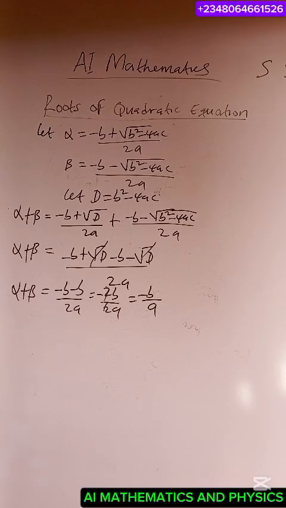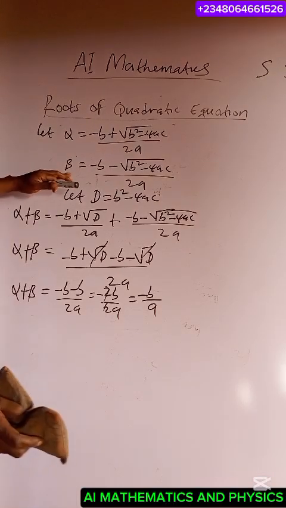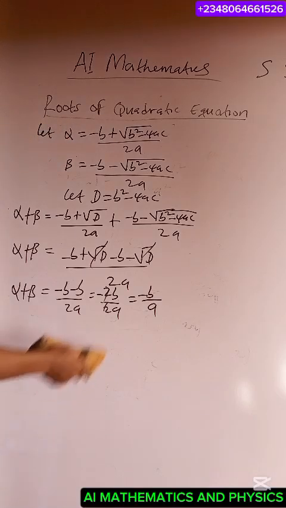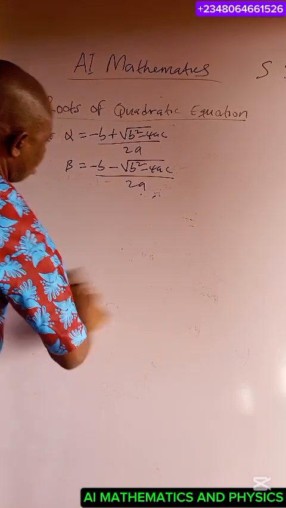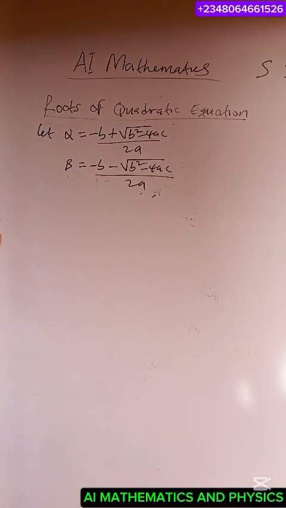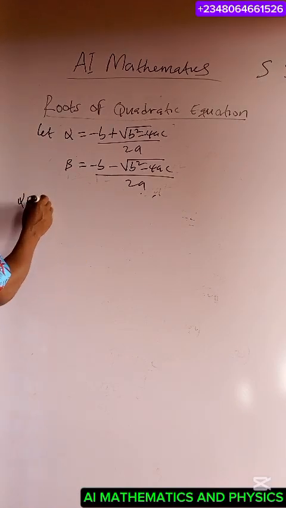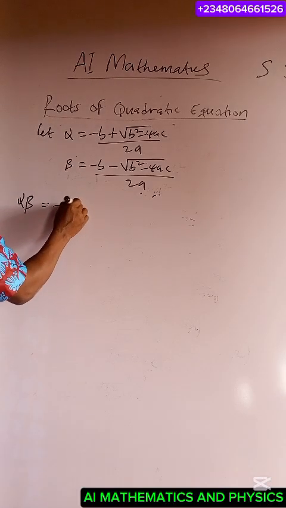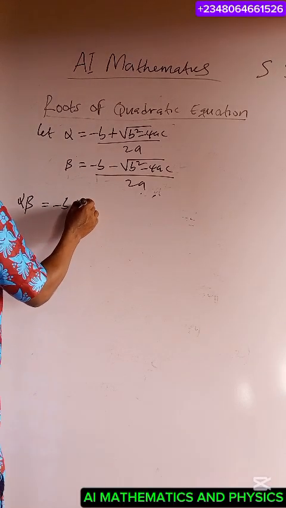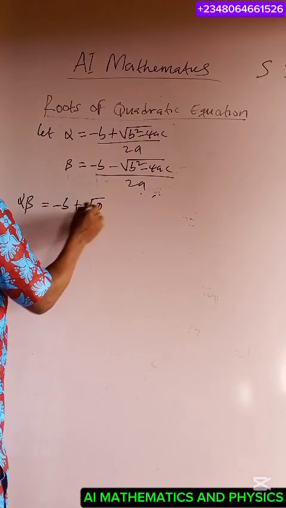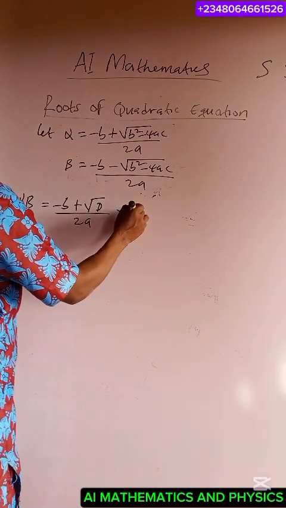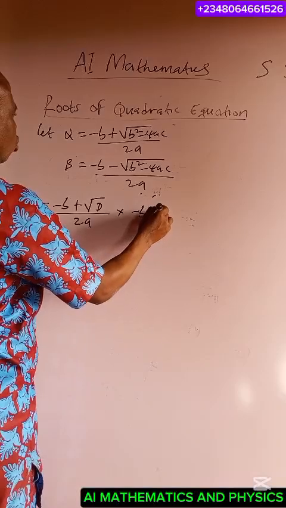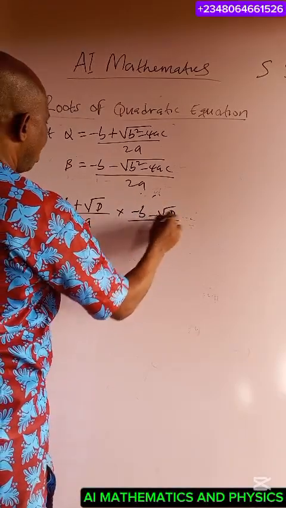Alpha beta now means alpha times beta, which means we have minus b plus root D over 2a, multiplied by minus b minus root D over 2a.